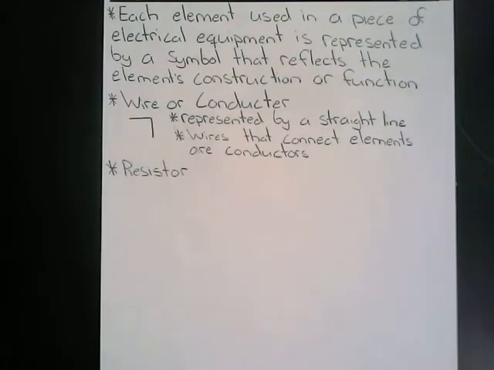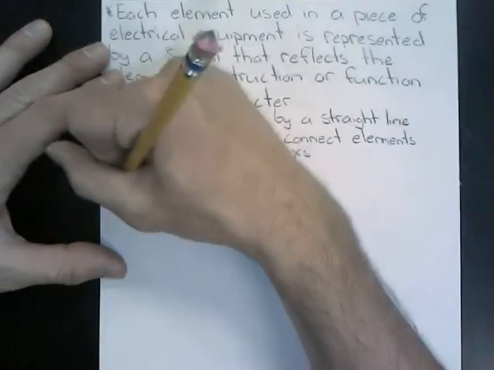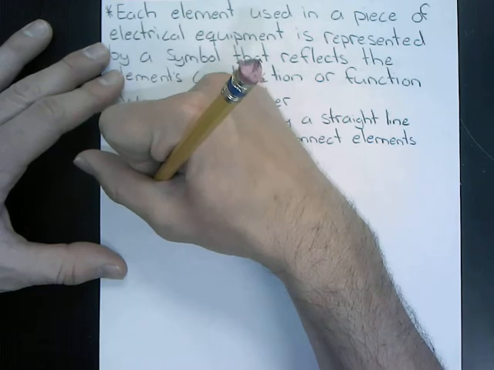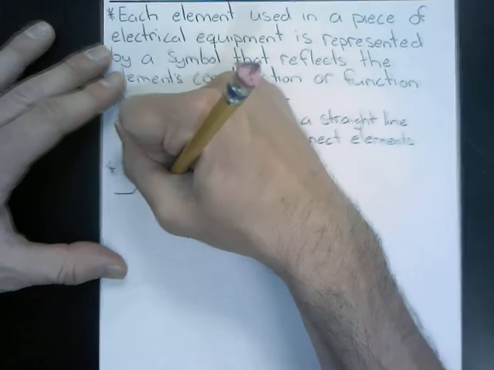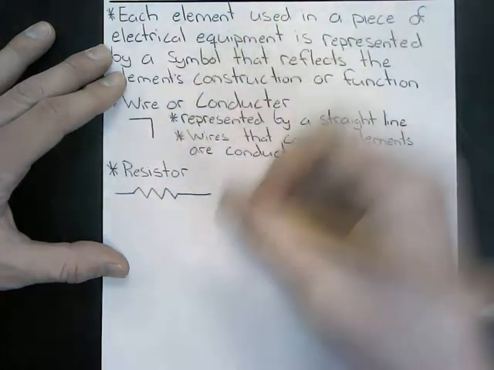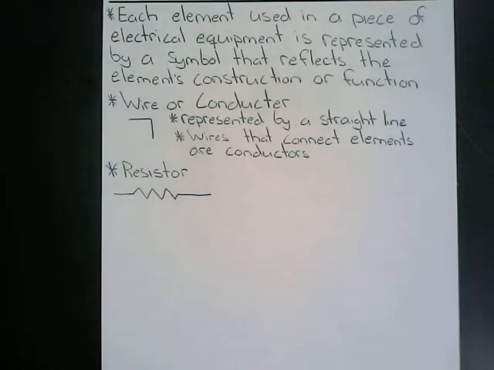Now, the next symbol that we need to represent is a resistor. And how we draw a resistor is we start out with a straight line, and then we make this zigzag pattern to represent that we have a resistor, and then we continue with a straight line. So again, it's represented by a zigzag line.